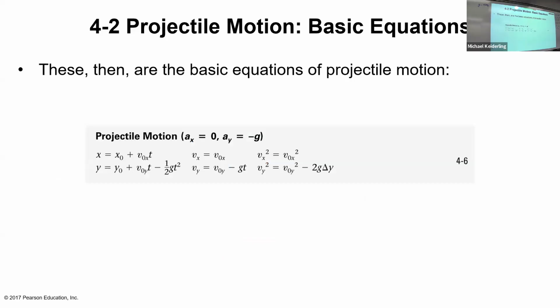So given that positive y is up, these are the basic equations of projectile motion. It's the normal equations, except acceleration in the x direction is 0, so all of these terms go away. And acceleration in the y direction is minus g.